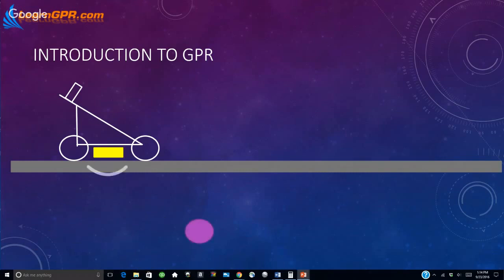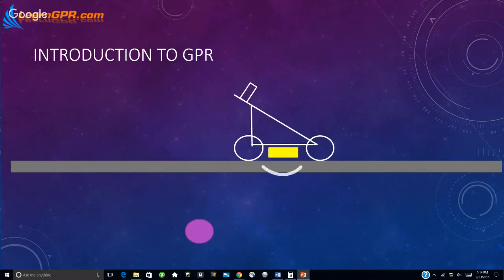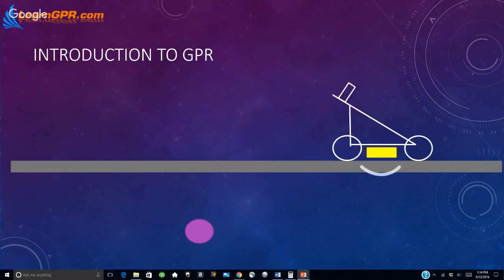Now, if there is a target you're looking for, or some sort of discontinuity in the subsurface, then some of that wave's energy will reflect off of that target, and some will continue on down into the subsurface. How much is reflected back depends on how different the target is versus the material the wave was traveling through.